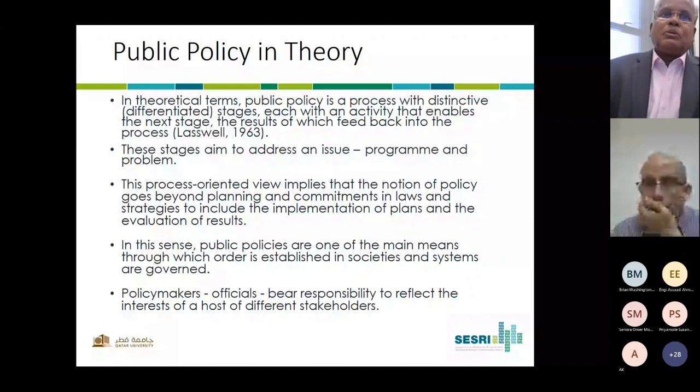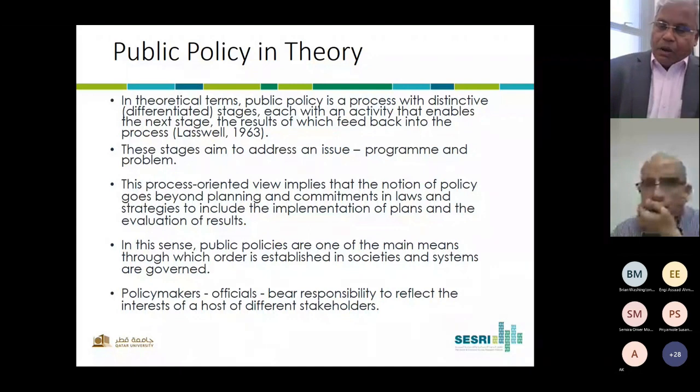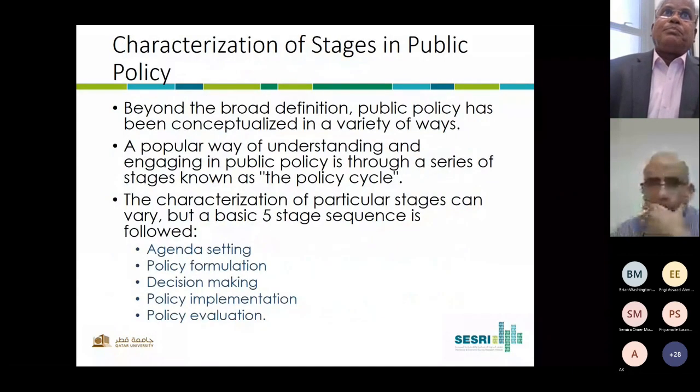They have to be responsible, but they also have to involve different stakeholders in policy making and implementation. So there are theoretical frameworks in which the policy process is implemented.